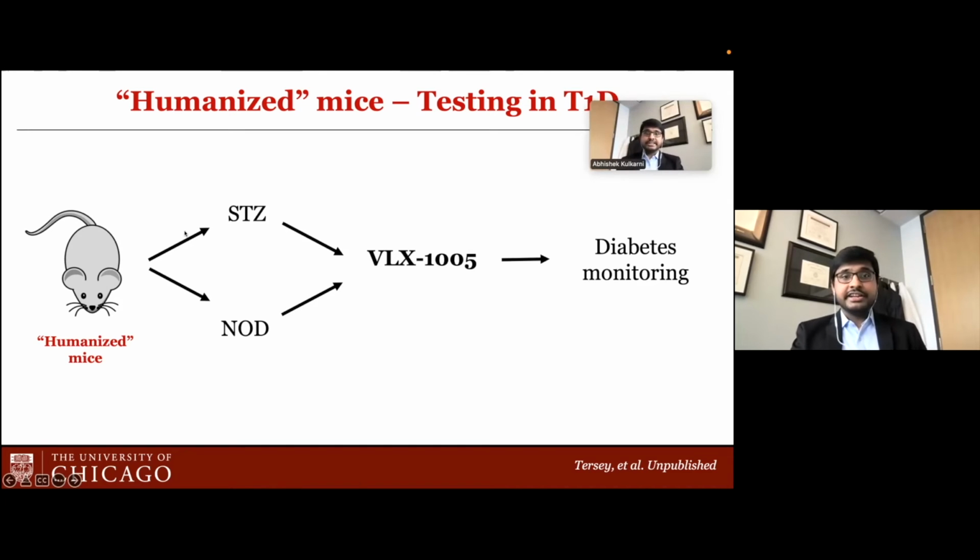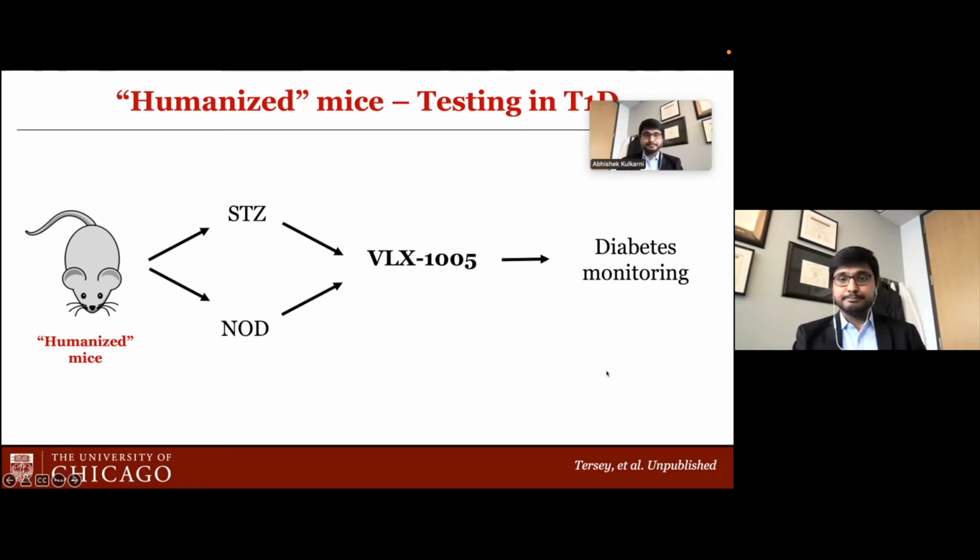They were either treated with streptozotocin, which is a beta cell toxin that induces hyperglycemia, or they were backcrossed to the NOD background, which I have described before is a model of autoimmune diabetes. In either case, they were then treated with the human 12-LOX inhibitor VLX1005, and then they were monitored for diabetes development.